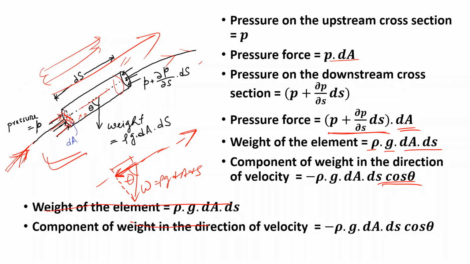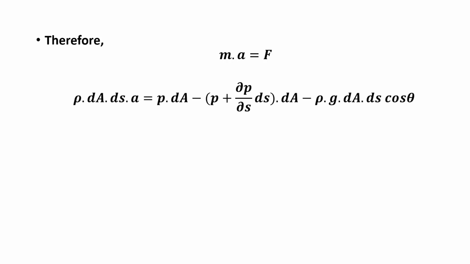Now the equation can be written as ma equal to F, that is rate of change of momentum is equal to the force. So rho into dA into ds into a, that is dA into ds is the volume, that multiplied by the density is mass, multiplied by a, where a is acceleration.